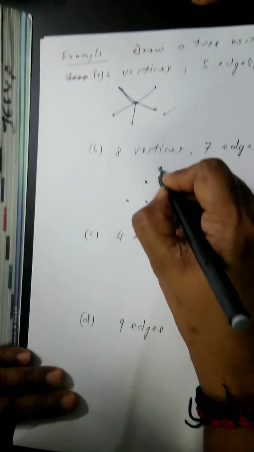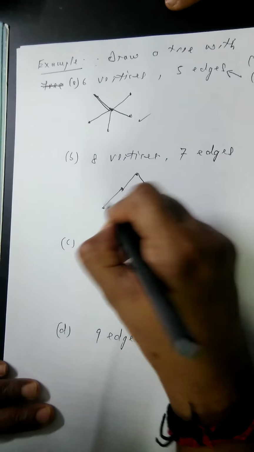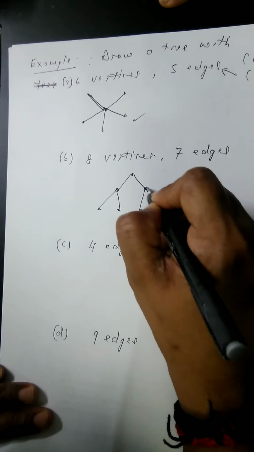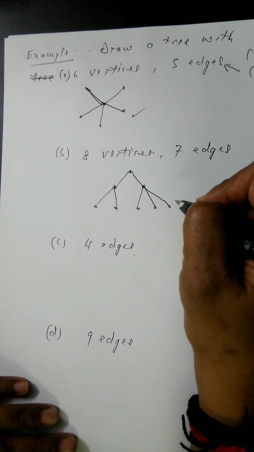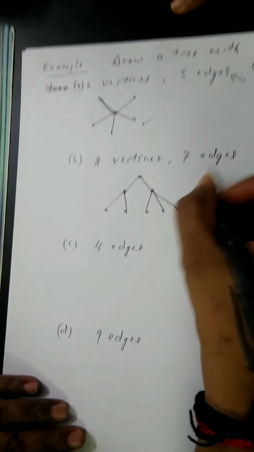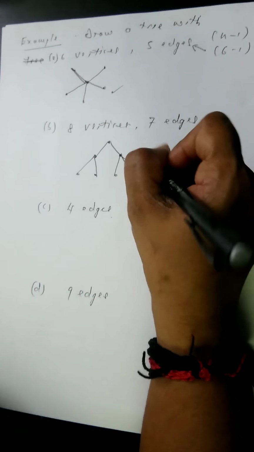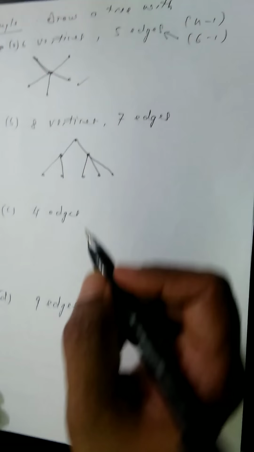Maybe. So 1, 2, 3, 4, 5, 6, 7. So that's a tree. It looks like a family tree. Normally a family tree will have something like this.